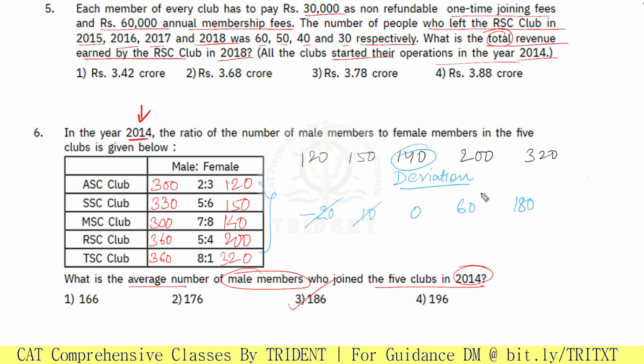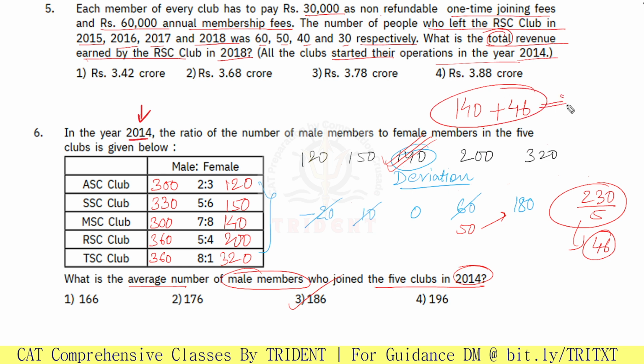Normally you get to see the numbers get eliminated also, but because I don't have a -20, I'm using mental maths, adding all of them and getting a 50 over there. 50 plus 180 gives me a straight up 230. Now 230 by 5 is very easy. This is 46. Now remember, we started off assuming that 140 was my average, but the deviation came out to be 46. I need to add that 46 back, giving me 186 overall. So 186 is the answer for this one.